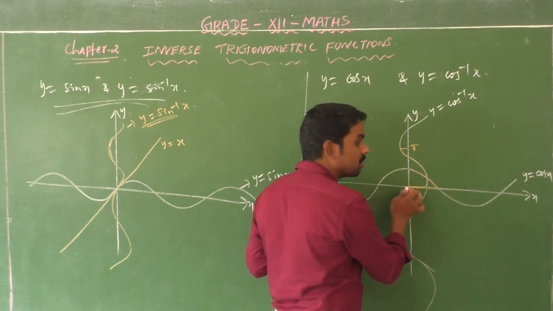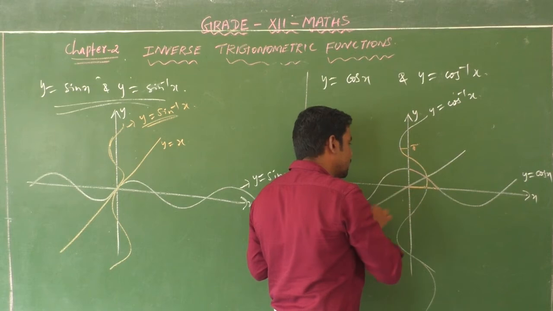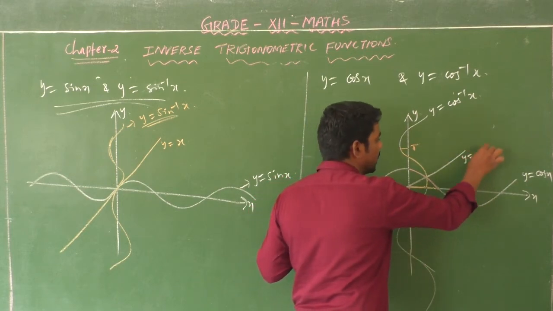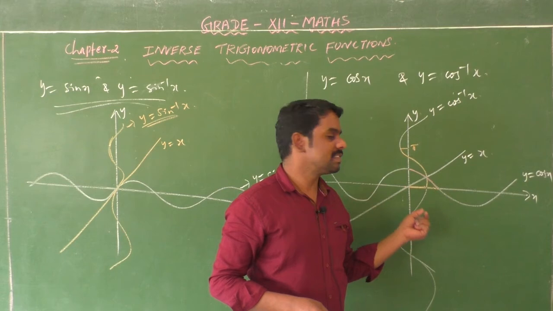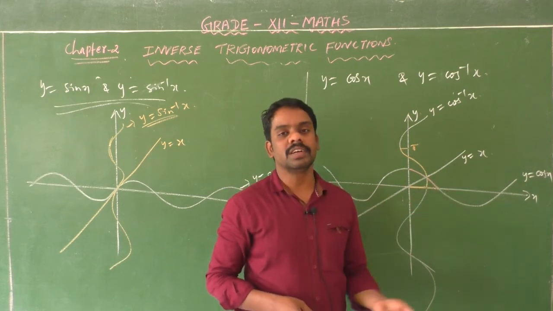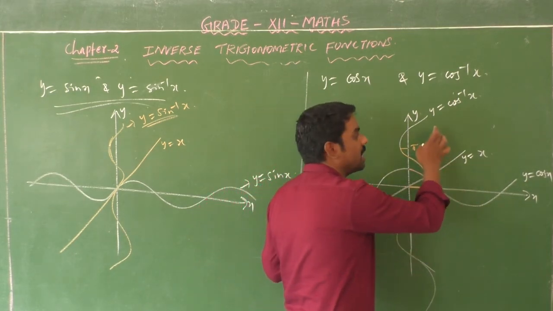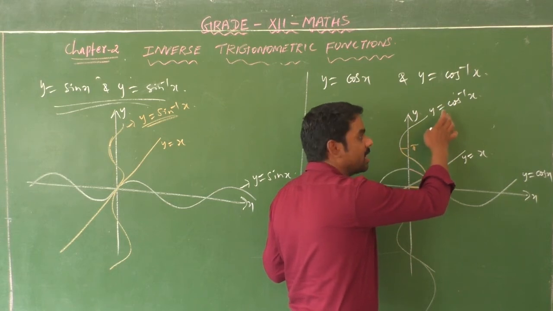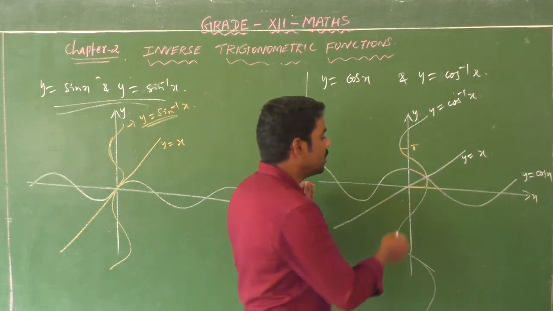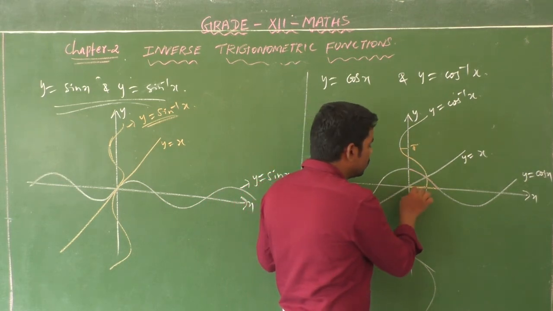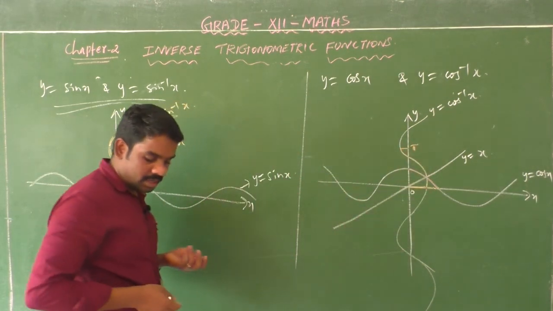These two curves, y equal to cos x and y equal to cos inverse x, are symmetric about the line y equal to x. The mirror image of y equal to cos x is y equal to cos inverse x, and likewise the mirror image of y equal to cos inverse x is y equal to cos x, in the interval 0 to pi only. Okay, right.